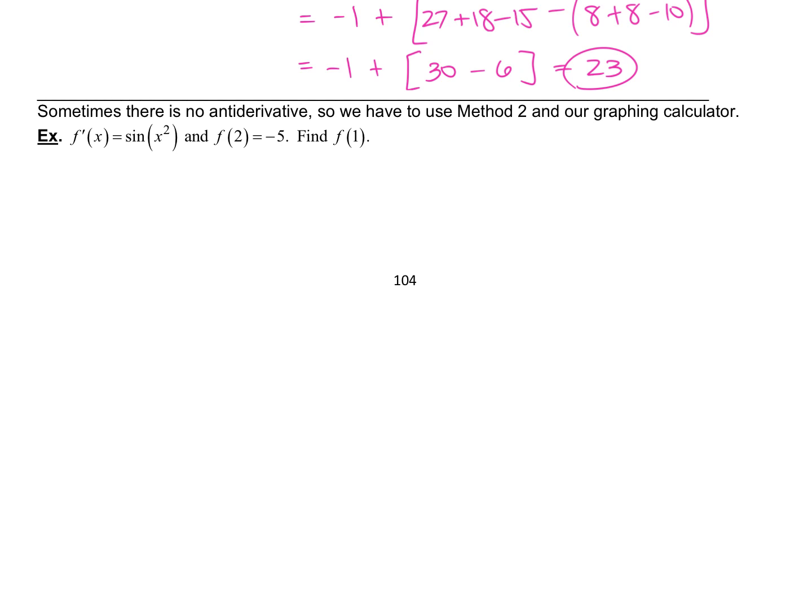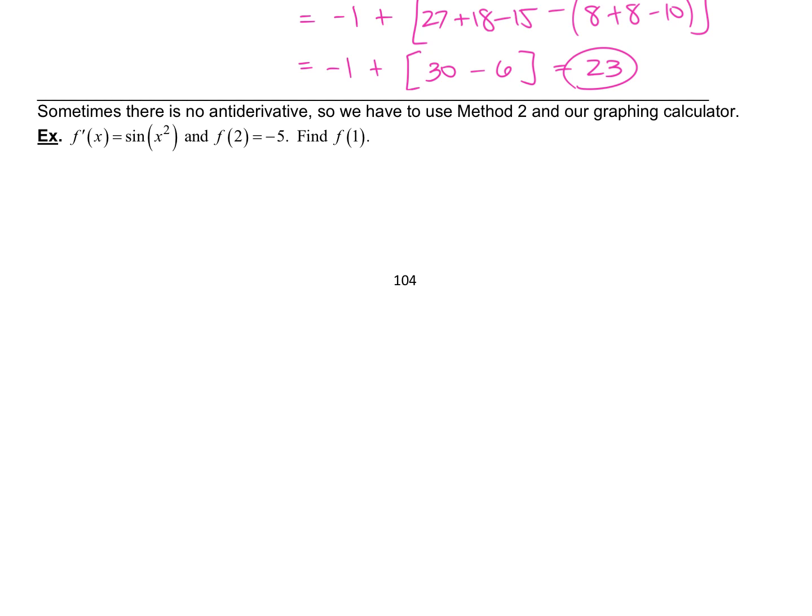Okay, we do not know how to integrate sine of x squared by hand. So the option of integrating sine of x squared, doing it as an indefinite integral, using your plus c, plugging in your -5 and 2 to get your c, and doing all that, the option is not there for us.